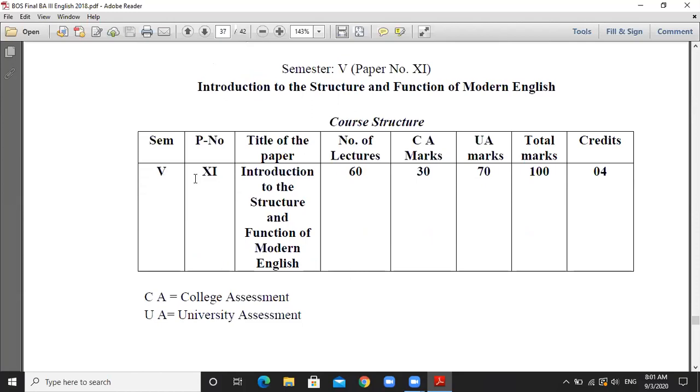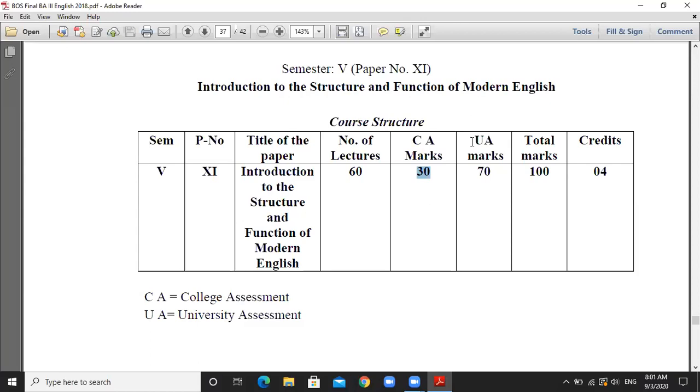Title of the paper, number of lectures 60, college assessment 30 marks, right? So for internal assessment, you have to face a unit test and some other activity like a student seminar or presentation or maybe a home assignment for 30 marks, as it was last year also.